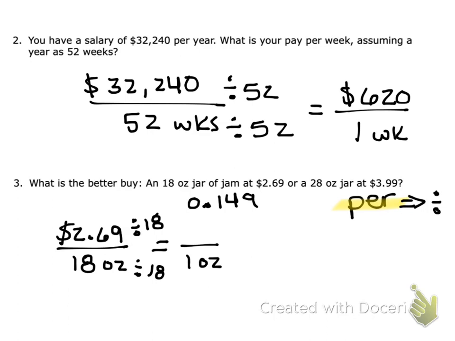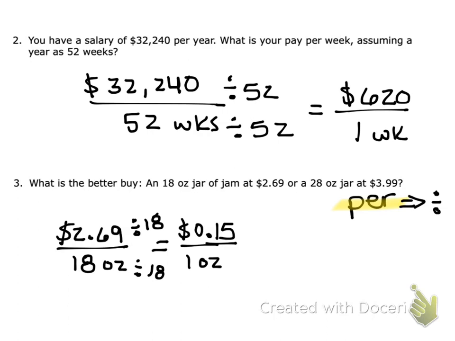They would both round to 15 cents, but really the 0.147 is cheaper. So we're always rounding to the hundredths place, except when we make these comparisons, you might have to backtrack to the thousandths place. Okay, so this is going to be 15 cents per 1 ounce for that first unit rate.